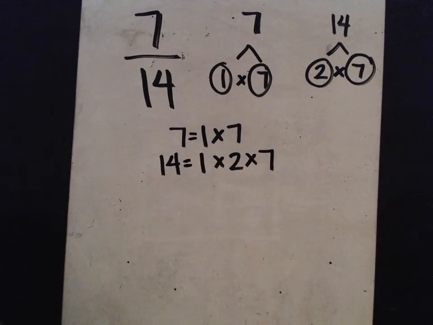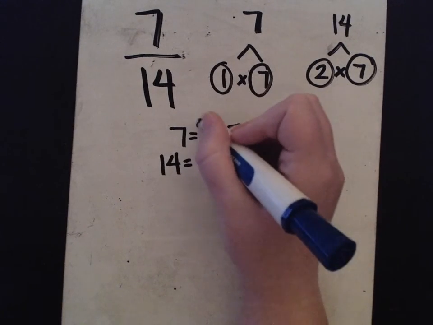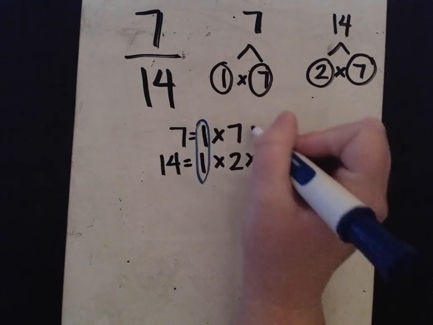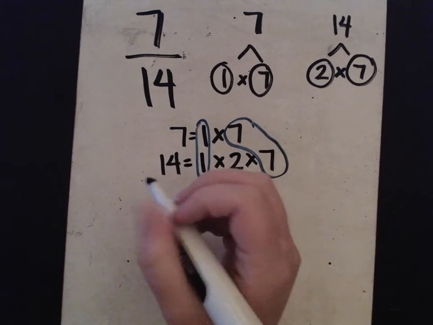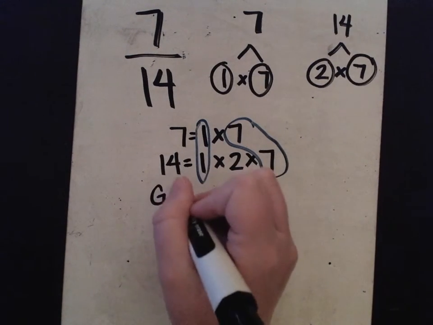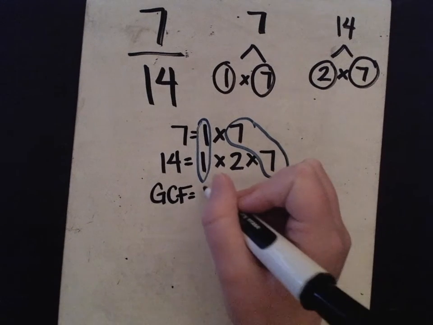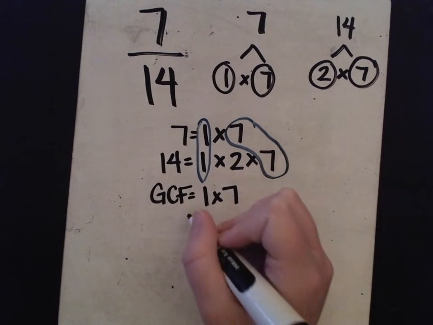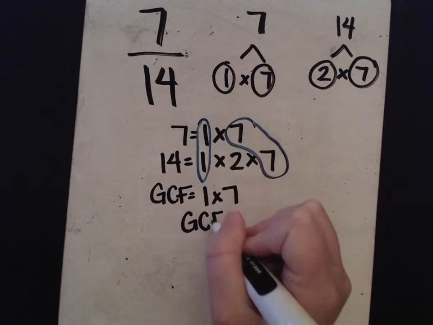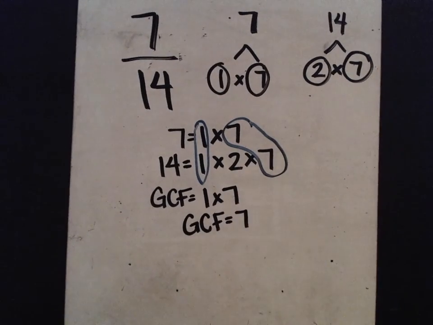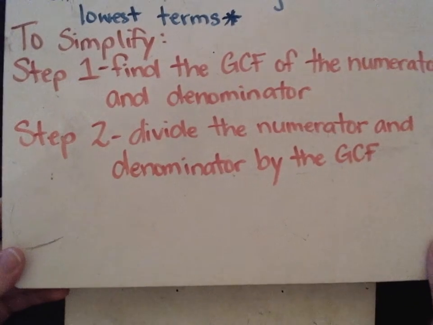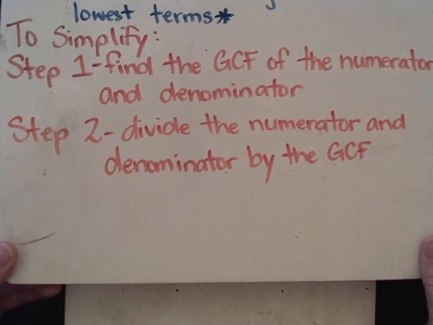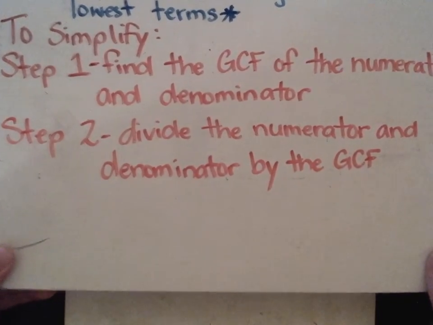Now I can circle my pairs. I have a pair of 1s and a pair of 7s. So I pull 1 out from each pair. So GCF equals 1 times 7. So GCF equals 7. So that's step 1. Now step 2 says I divide the numerator and denominator by the GCF.